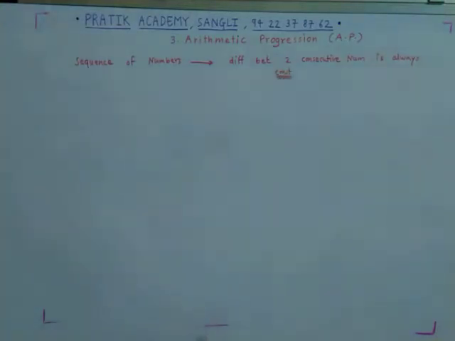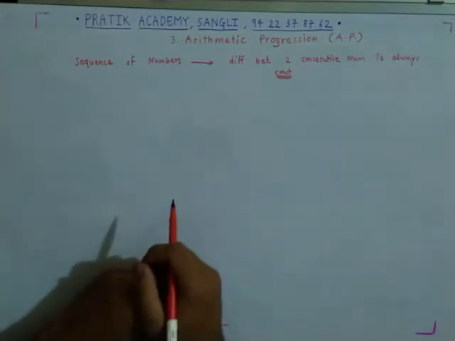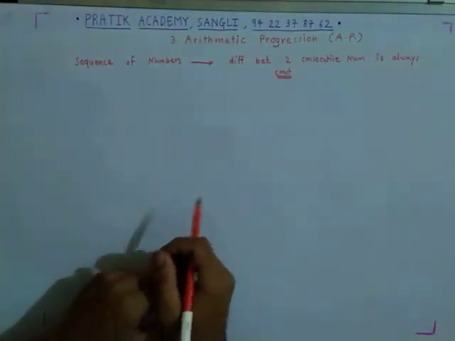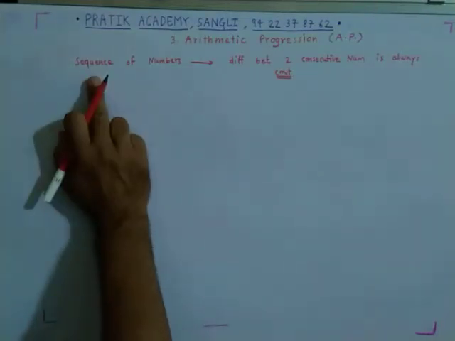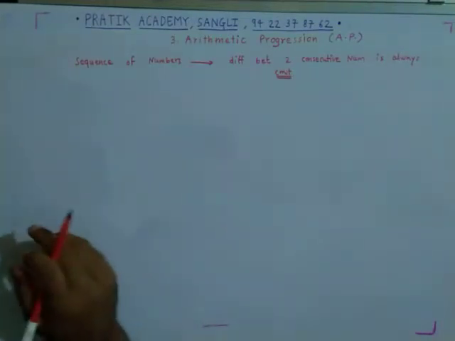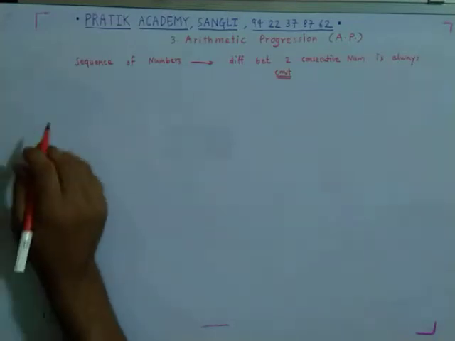If the difference between two consecutive terms or numbers is always constant, then that sequence is called an AP, or arithmetic progression.